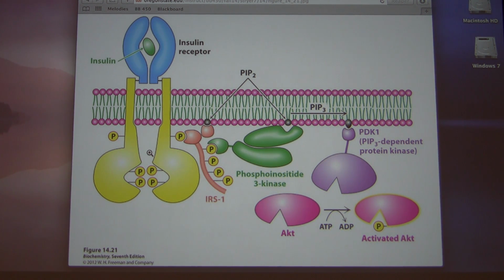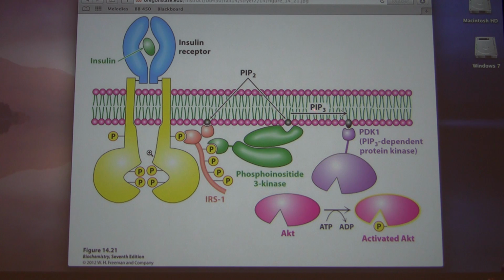All right, I'm going to step you through it again, so don't frown too much. Let's start with the bottom line. Release of insulin stimulates a process that results in the movement of a glucose transport protein to the cell membrane. That's the big picture.